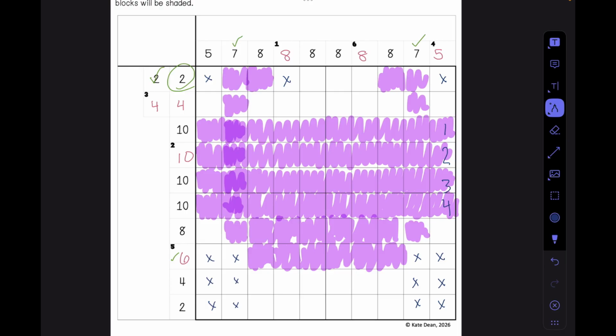And so I've taken care of this other 2. So both of the 2s are done. So I've done that, I've done that. And again, if it's helpful, X out the things that it can't be, so it can't be any of those because I've already gotten my 2 squares and my 2 squares filled up.